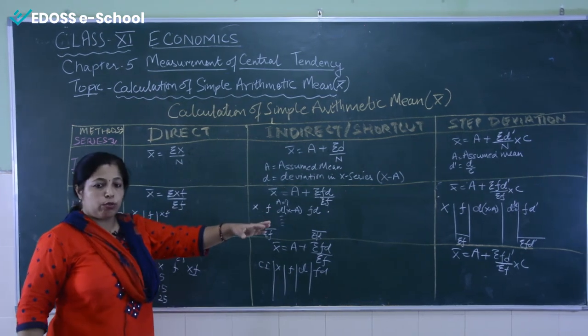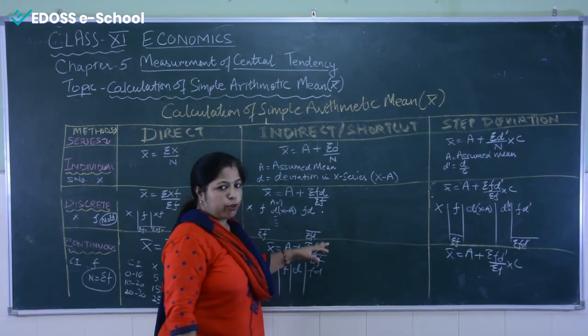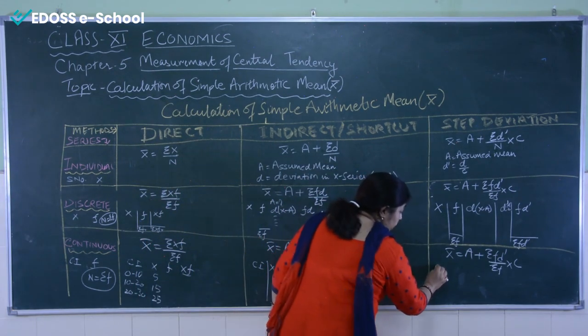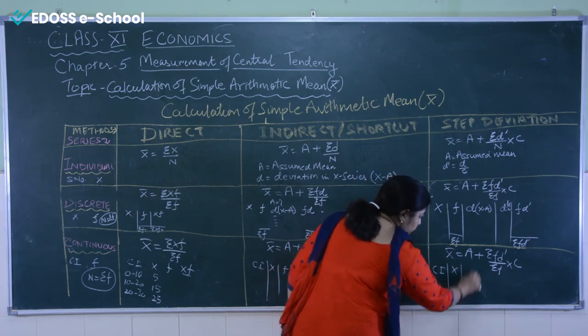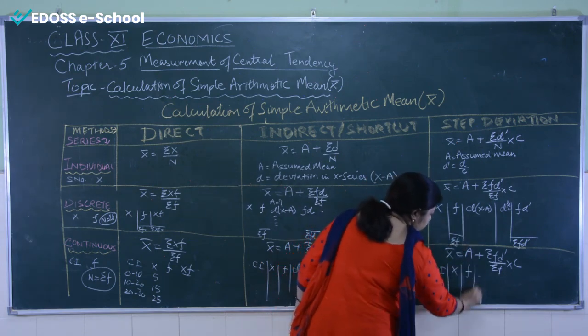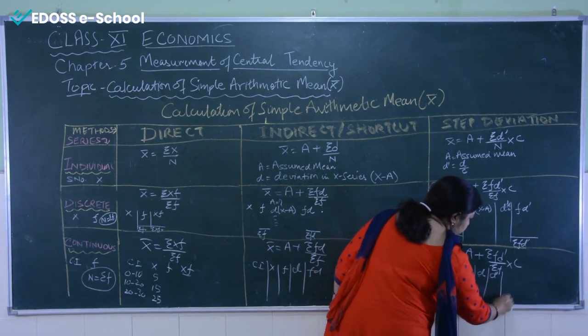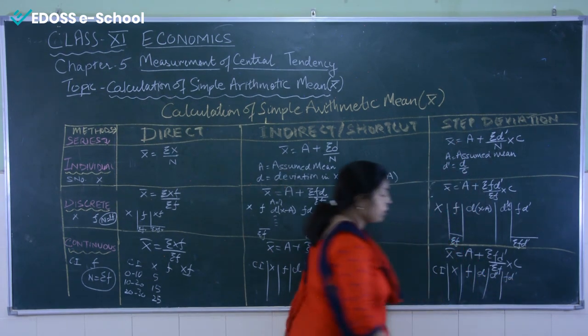Same method we are going to apply. I hope I don't have to repeat this part again. Fine. Then here Ci, x, we will make it, and then f, then we will create d, after that d dash, and after that fd dash.